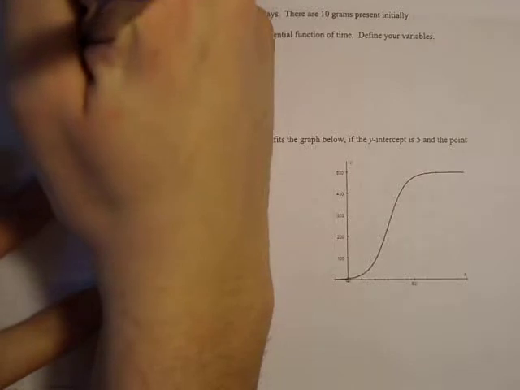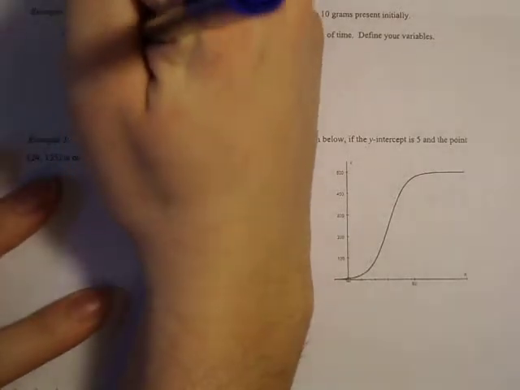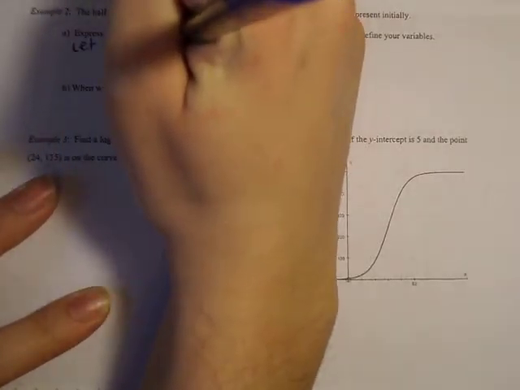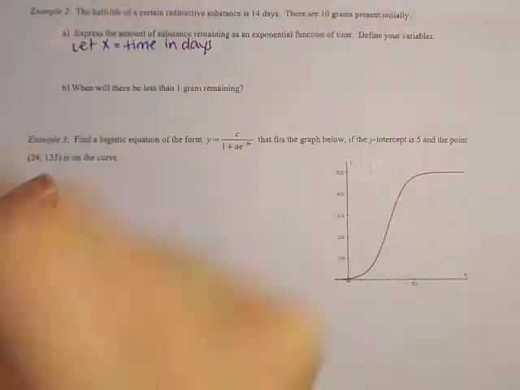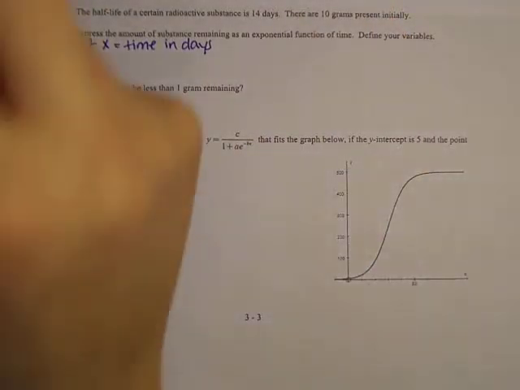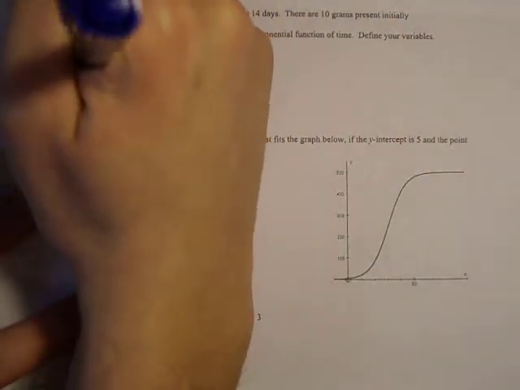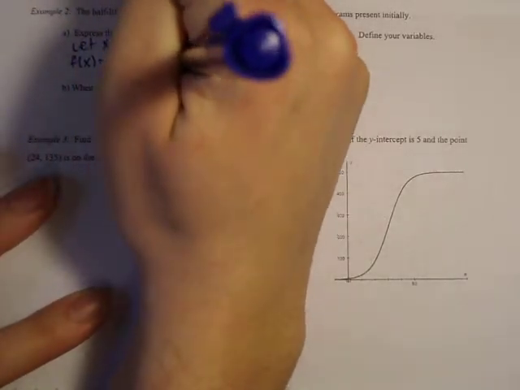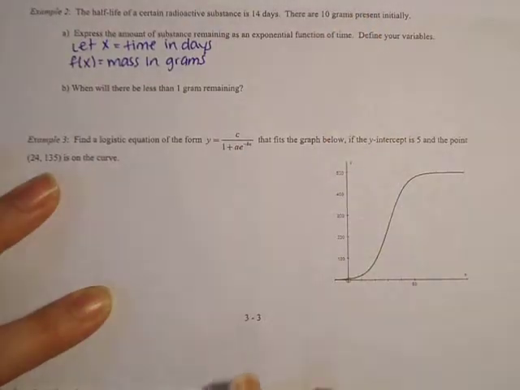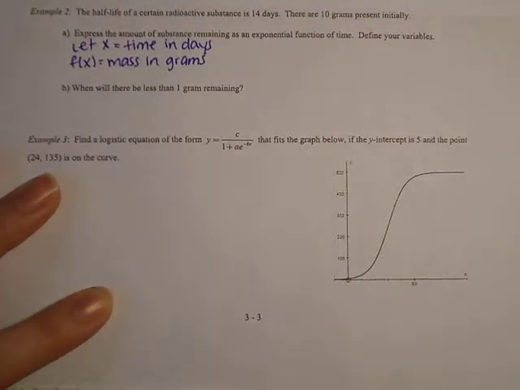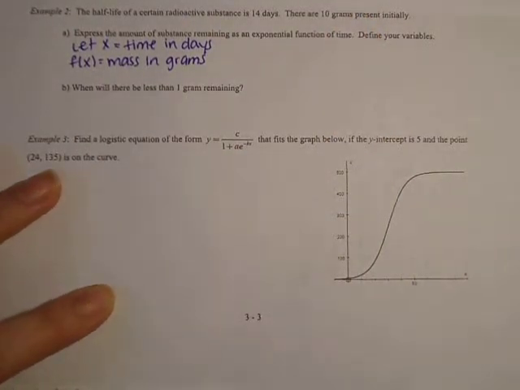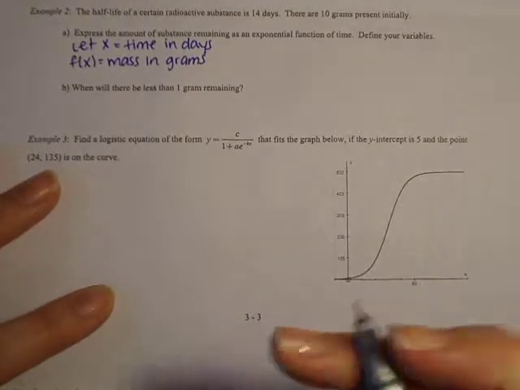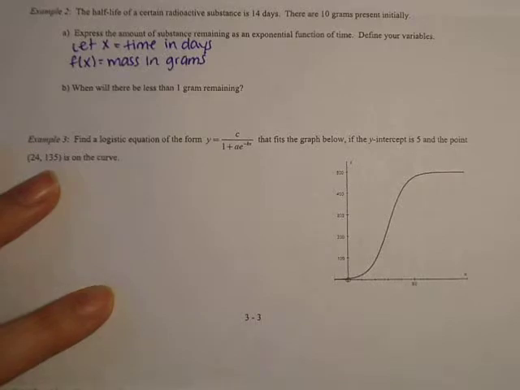We're going to let x equal time in days, and we're going to let f of x equal our mass in grams that's remaining. So we know that half-life means 50% of the original amount has decayed, so our decay factor is b equals 1 minus 0.5.